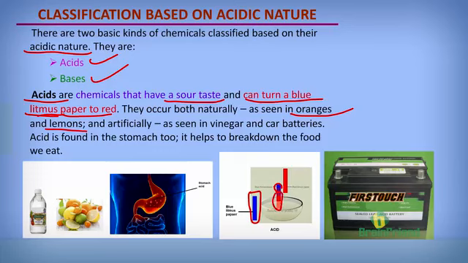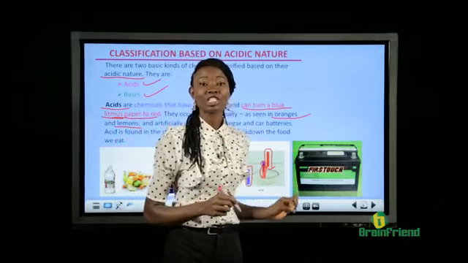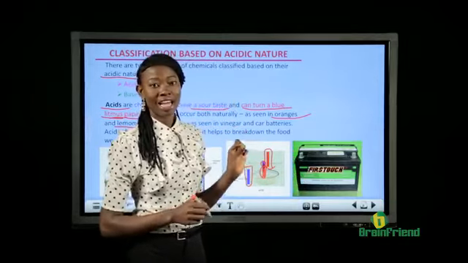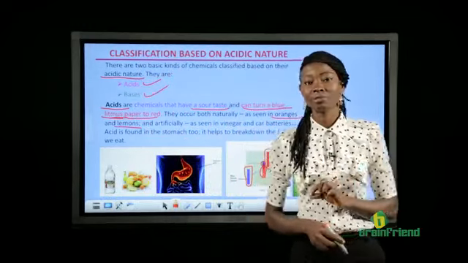And when it is completely soaked in the acid, it will become a red litmus paper. That is a test for acids. When a blue litmus paper changes from being blue to red, we can say that chemical is an acid.